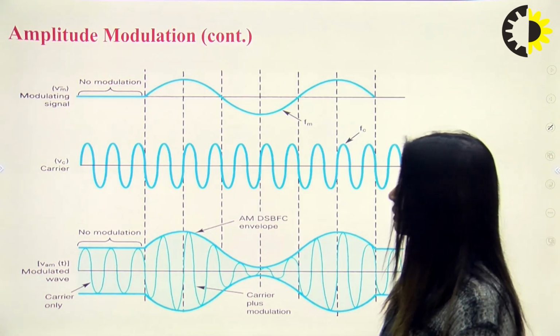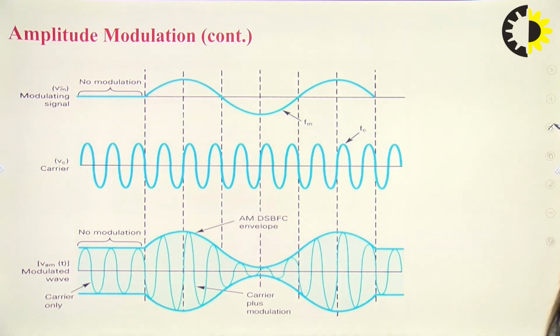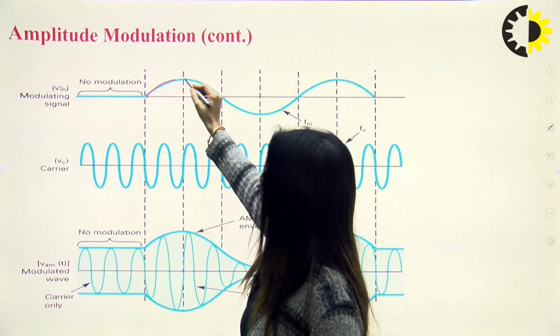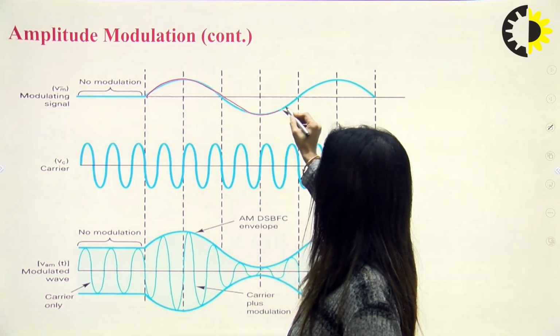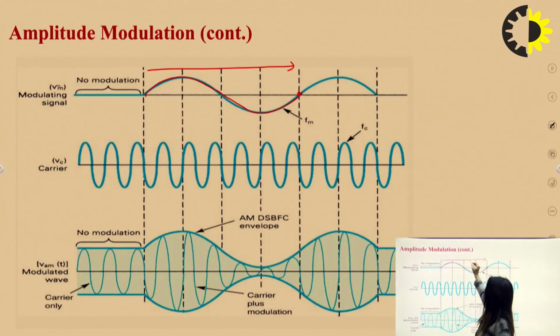So here this is my modulating signal. This is one period, and this waveform has been taken as the message signal, a very low frequency waveform.